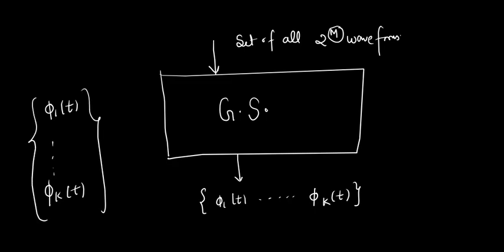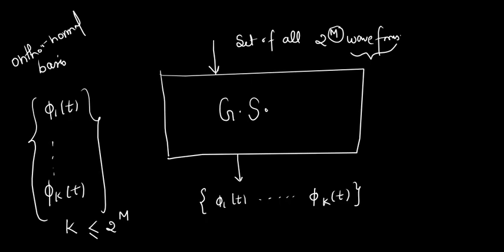This is called basis, or orthonormal basis, where this k will be less than 2 to the power m, or at max equal. Sometimes if your waveforms are such that they are already orthogonal and already normal, then you cannot further reduce it.